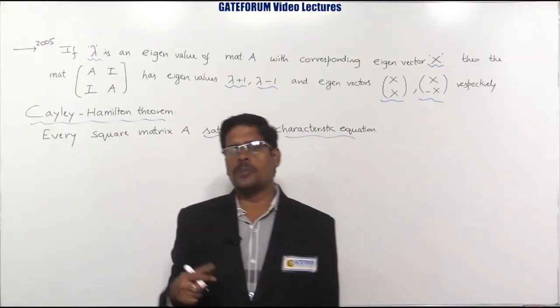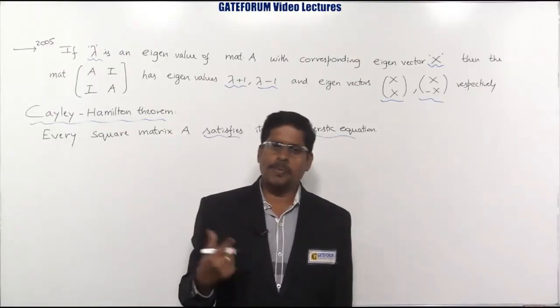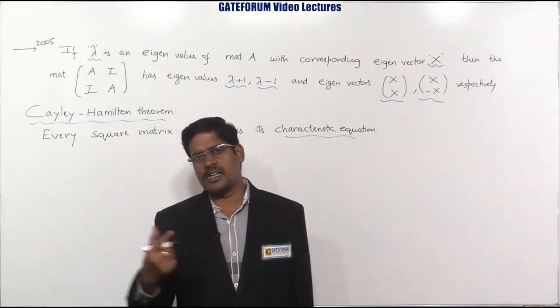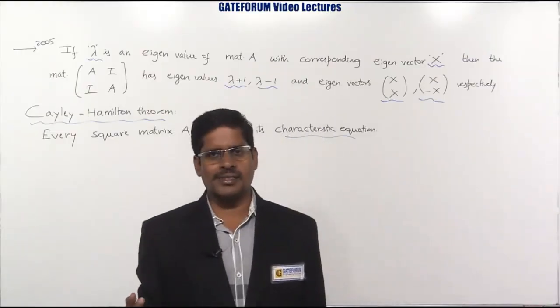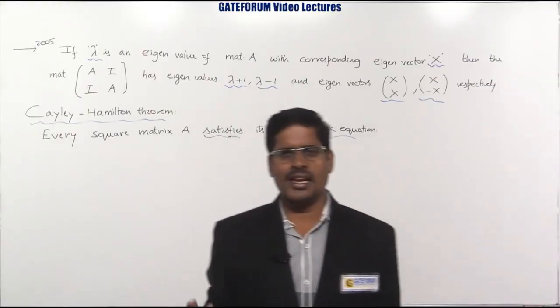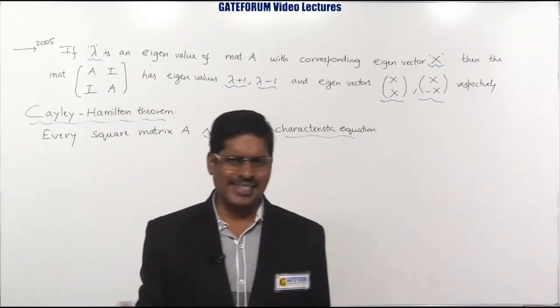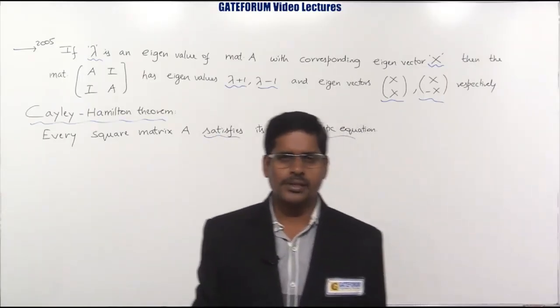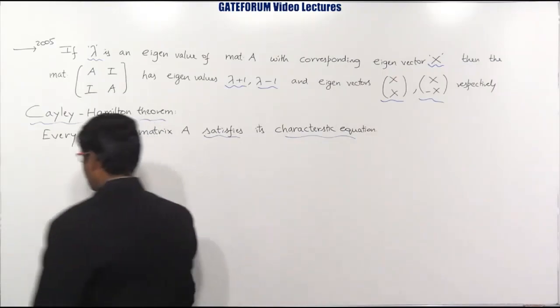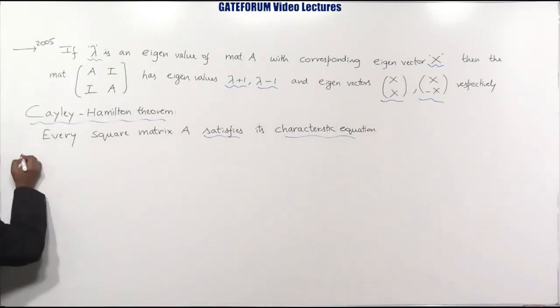For example, A is a 2 by 2 matrix. Its higher powers A square, A cube, etc. can be expressed as a linear polynomial in A. If A is a 3 by 3 matrix, its A inverse and A square, A cube, A power 4, etc. are expressed as a quadratic polynomial in A. Okay, that is the application.